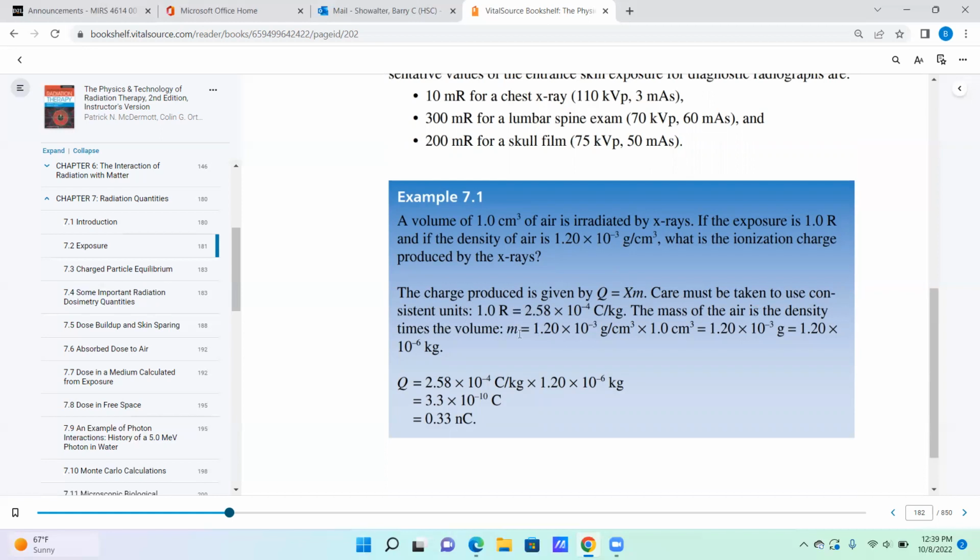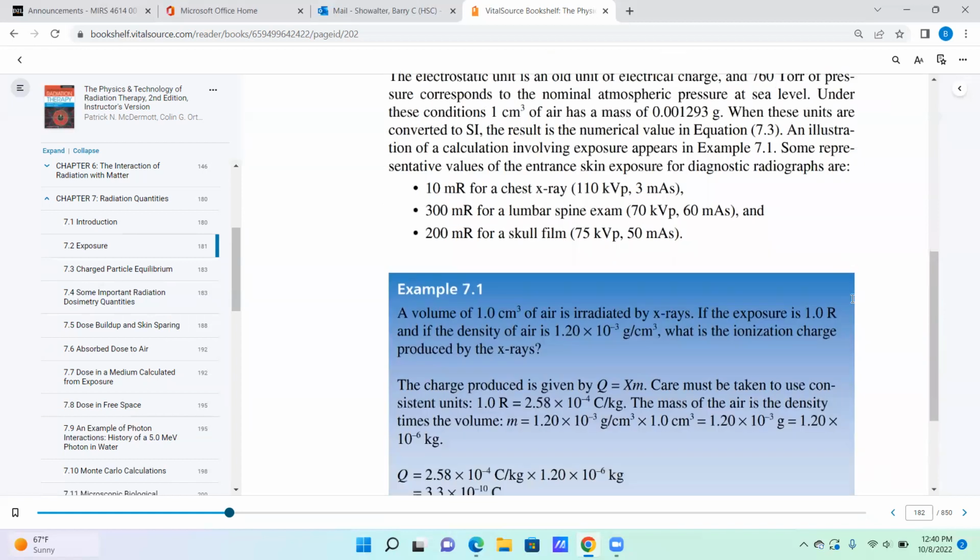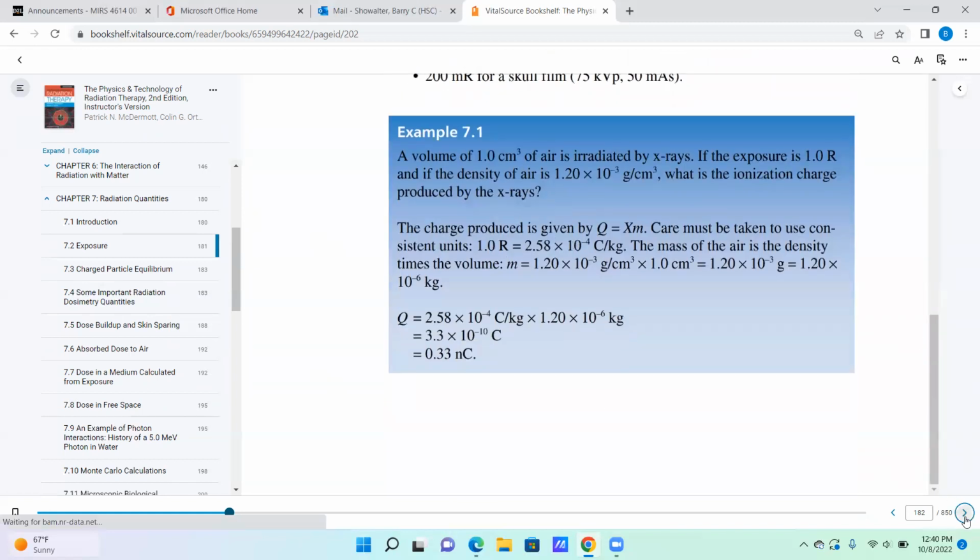The density multiplied by the volume gives us the mass, and it comes to this number of kilograms. This is the charge per kilogram from the roentgen, and this is the amount of mass that you've got. You do the multiplication, and the amount of charge liberated is 0.33 nanocoulombs. Not a lot, but obviously something.